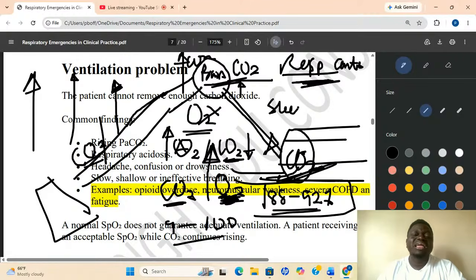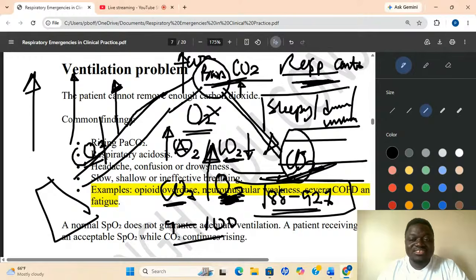If you give them a lot of oxygen, some will become drowsy, some will become unconscious. When they begin to exhibit these signs, it means that you, the health worker or the nurse, are failing, you are destroying the brain's ability to rely only on oxygen for them to breathe.